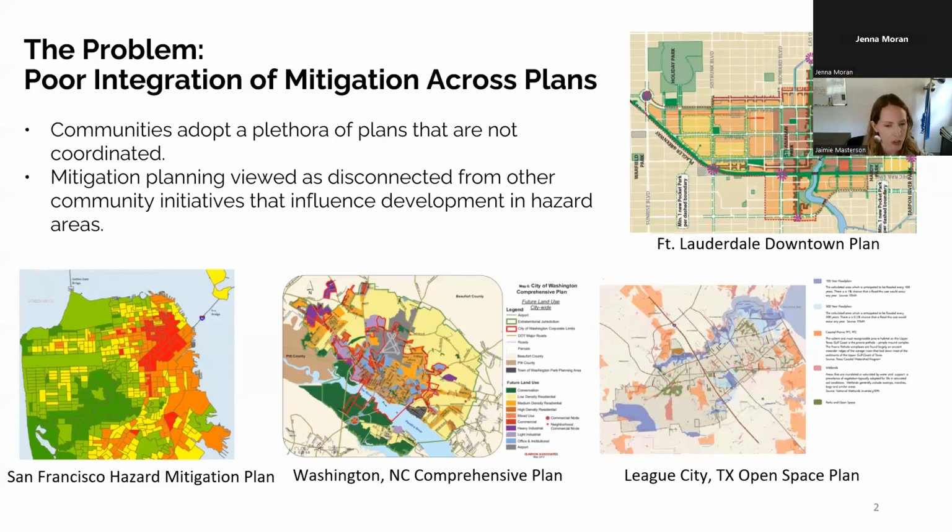So the emergency managers are doing their own planning, the city planners are doing their own planning, we have Parks and Rec, economic development, and so on and so forth. Everyone's doing their own planning. But little is done to connect those dots, to connect all those actions and strategies together. And especially as we think about mitigation planning, there's a lot of disconnection.